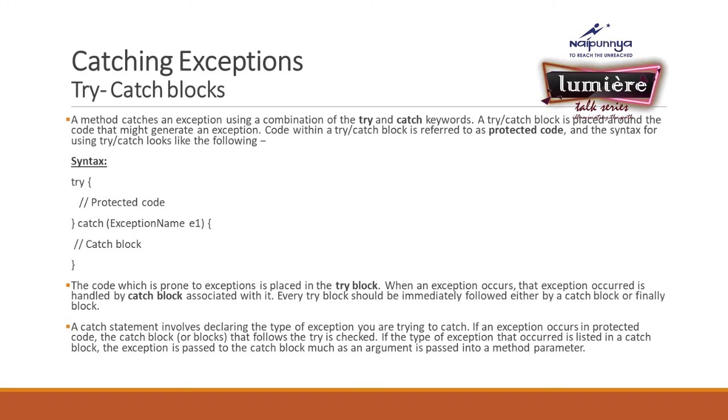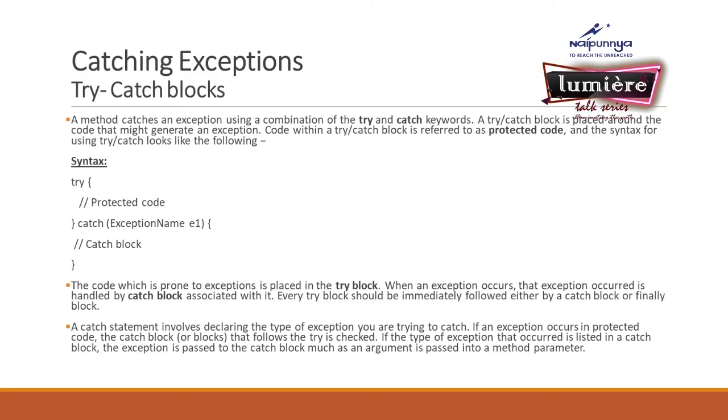Once an exception is generated inside the try block, an object is created and that object is thrown. After the exception is generated in the try block, you should have a proper catch block to catch that exception. The catch block catches that exception object, and handles it based on the exception type. So this is exception handling using the try-catch statement.